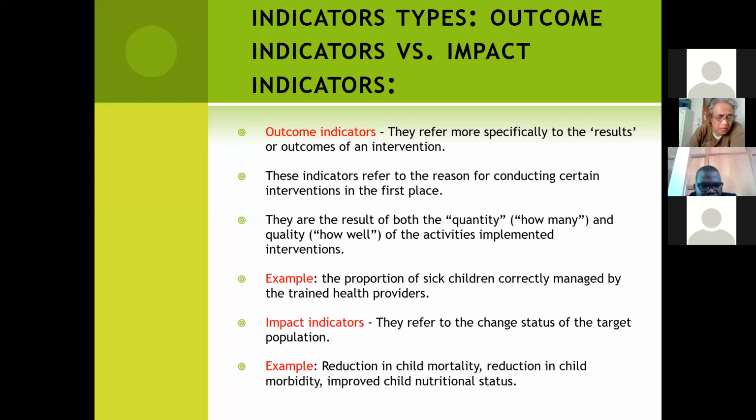So it's very, very important to make sure that we are able to look at that as much as possible. So it's always good to make sure that we can identify those different types of indicators and clearly be able to use them in some of our projects.